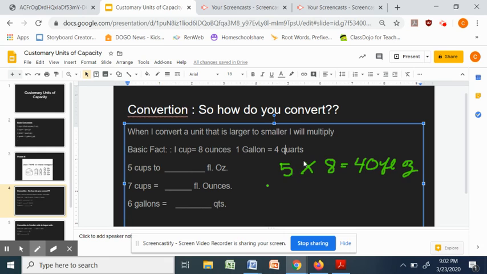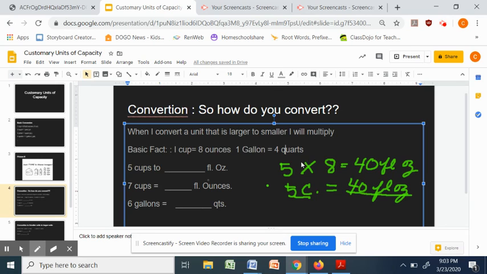Is it right for me to say that 5 cups is equivalent to 40 fluid ounces? Yes. So 5 cups is exactly the same as 40 fluid ounces. Again, from a larger unit of capacity to a smaller unit of capacity, you are going to multiply.